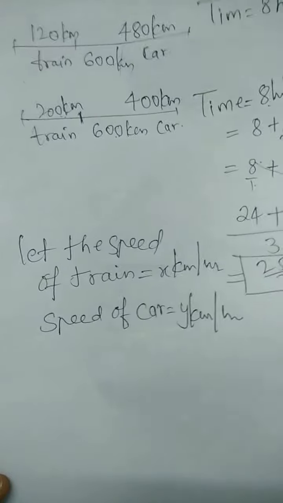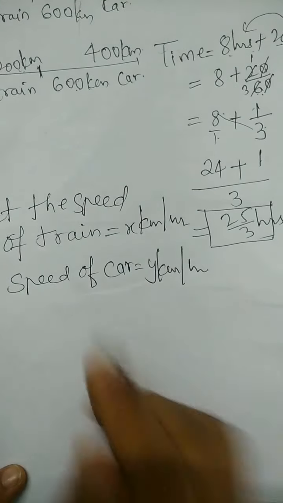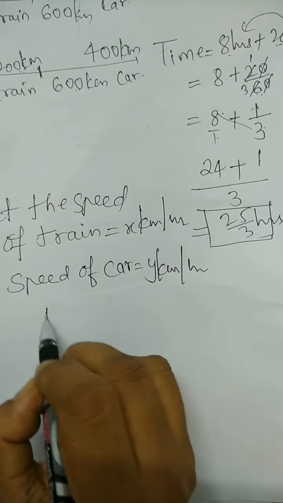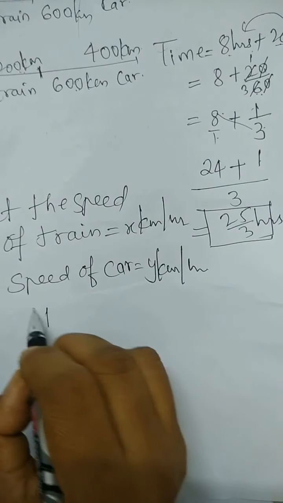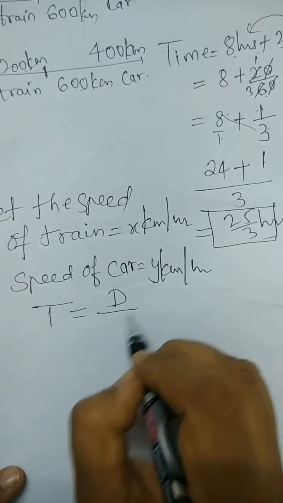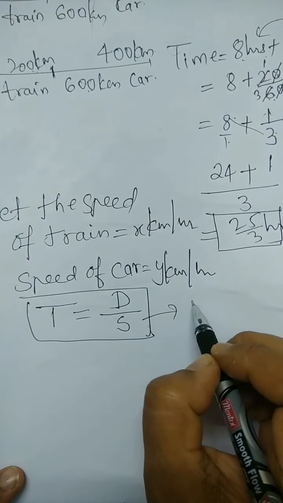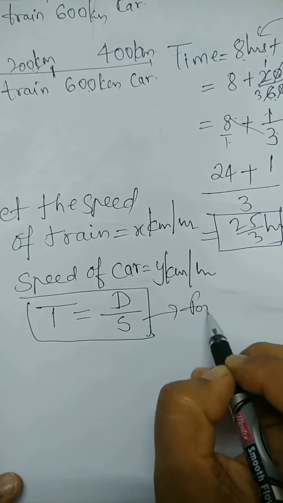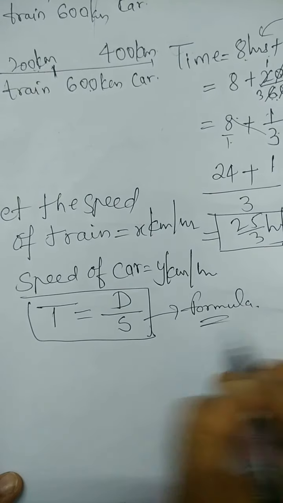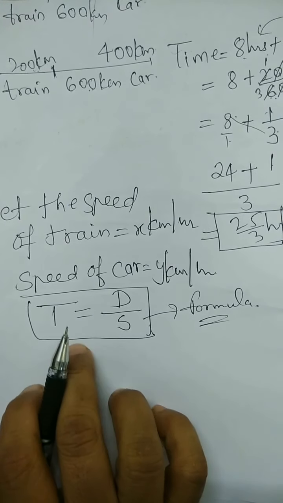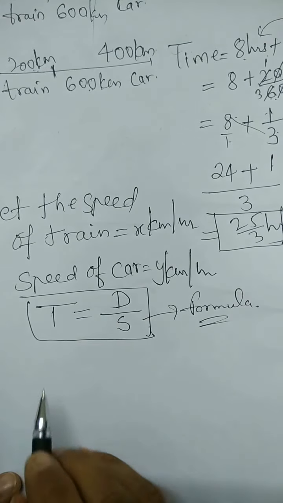So according to the first condition, 120 kilometers, you know the formula of time. Time is equal to distance upon speed. In the previous problem, we used this formula and again we have to use it. You have to remember this formula.